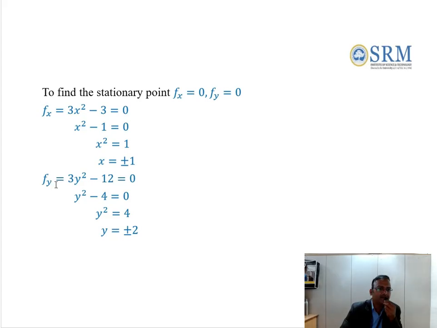Similarly, fy equal to 0, that is 3y square minus 12 equal to 0. After solving this, we get y equal to plus or minus 2. Then the combinations of the above points are (1, 2), then the second one is (1, -2), then (-1, 2), and the fourth point is (-1, -2). These are the 4 stationary points.